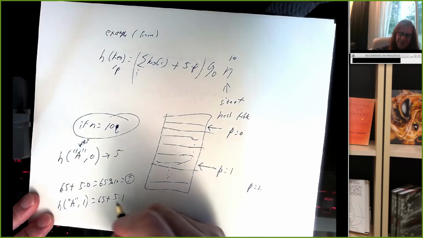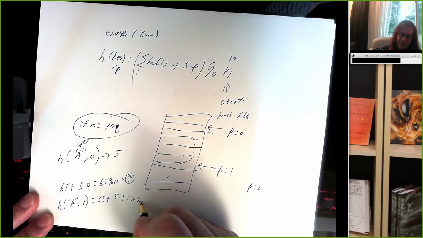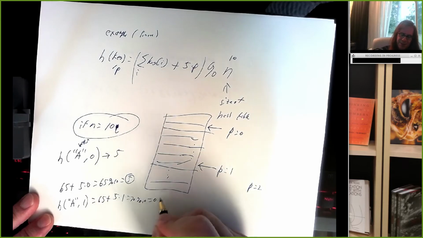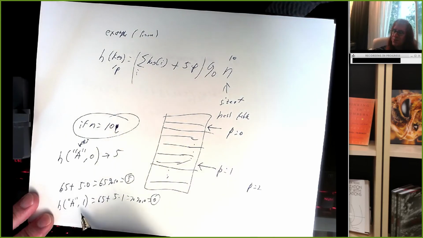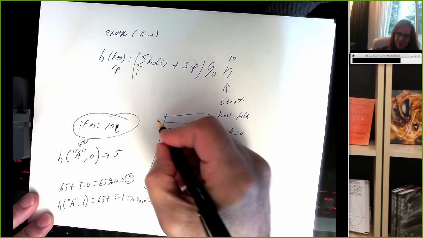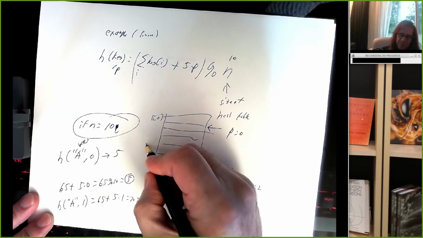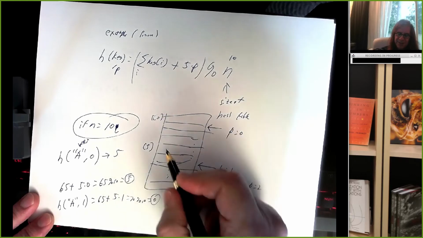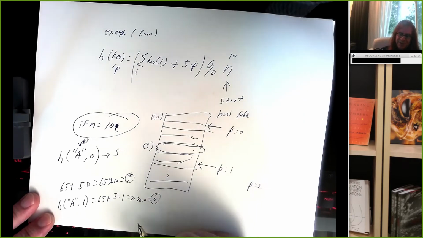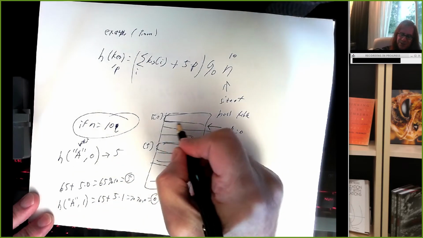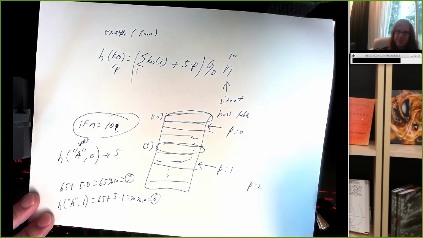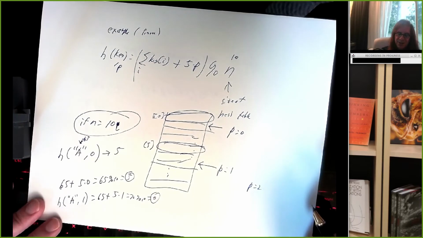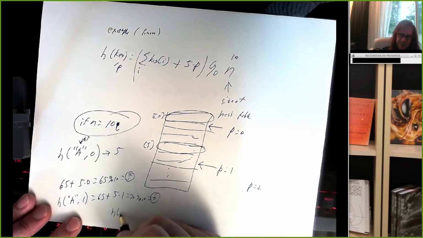So 65 plus 5 is 70, modulo 10. Our next probe attempt, attempt 1, is going to try to store at location 0. So our first attempt tried to store right here at location 5. Our second attempt is going to try to store at location 0. And suppose that causes a collision also.